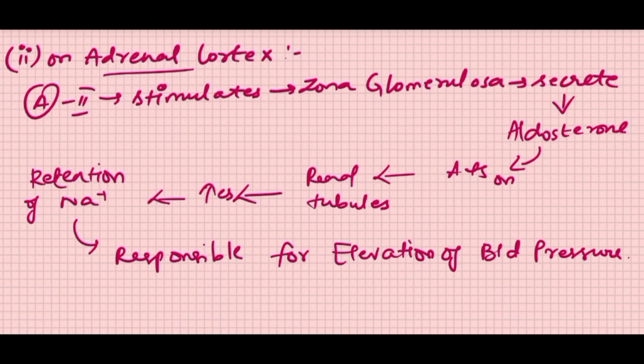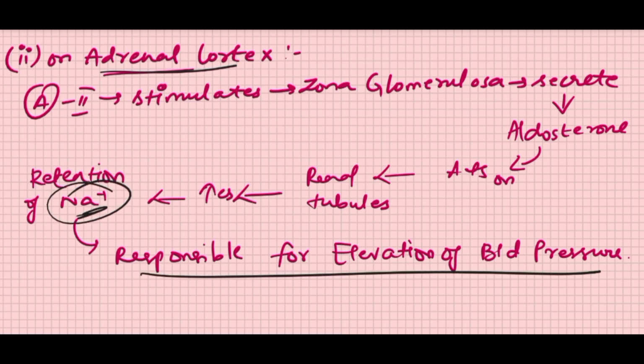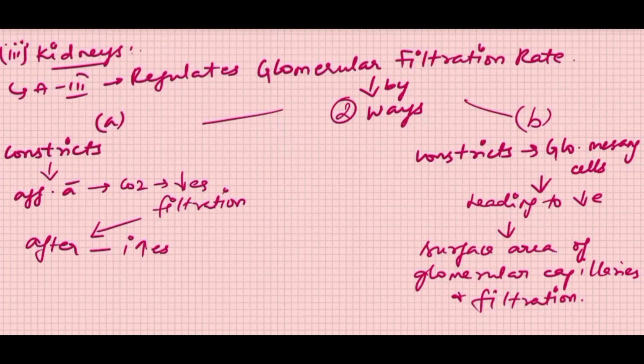Second actions are on the adrenal cortex. Angiotensin 2 stimulates the zona glomerulosa, which secretes aldosterone, which acts on renal tubules and increases the retention of sodium. Sodium is responsible for the elevation of blood pressure. Third actions are on kidneys.